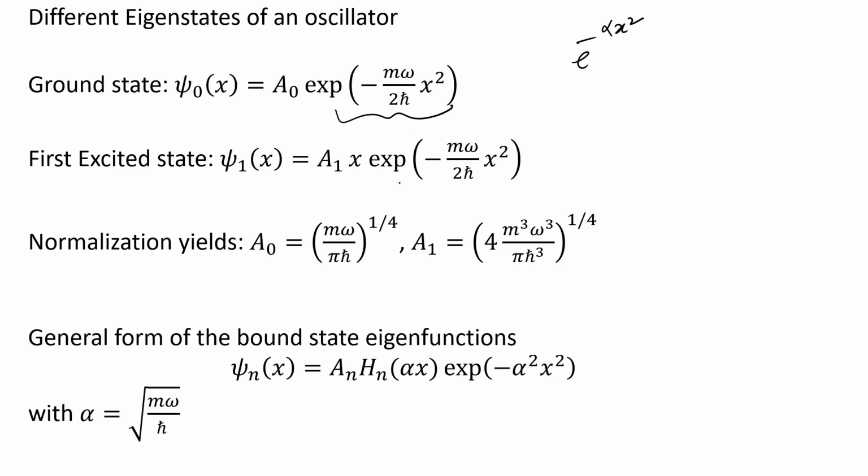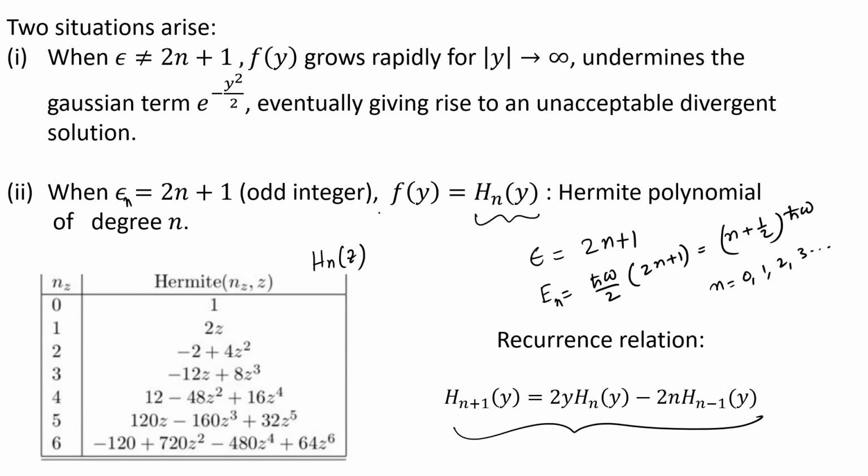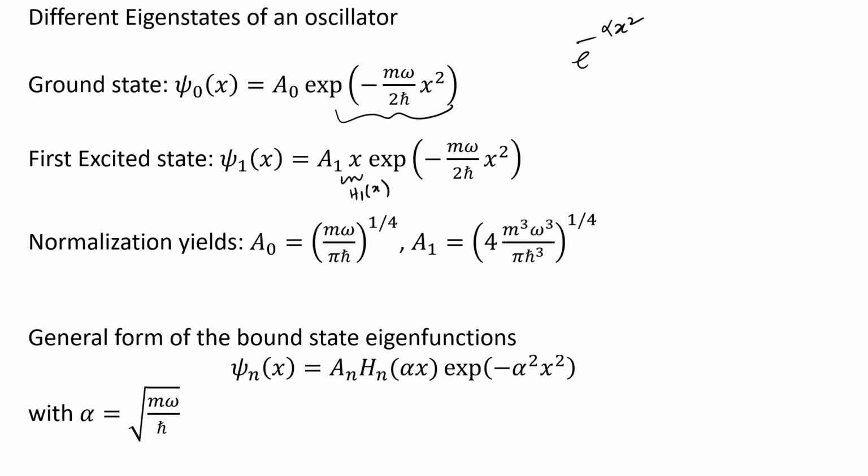So, it is a1 x, where a1 is some constant, times exponential minus m omega by 2 h cross x square, and so on. So, this is basically the first Hermite polynomial, which is H1 of x. Of course, you see there is a factor of 2 here, there is a 2z which should be 2x here. So, that factor of 2 has been absorbed in this a1. And if you want to know how to get these a0s, a1s and a2s and so on.